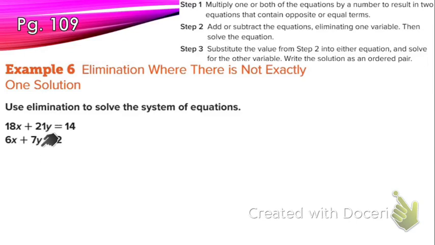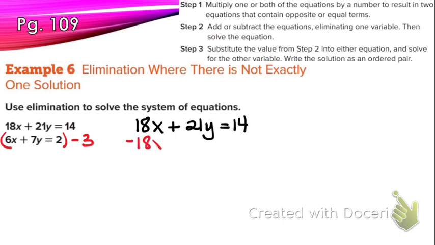So what they're trying to do is get these to become opposite. When you multiply it by -3, the first equation stayed the same, and the second equation, we multiplied it. And look at what happens. What we're trying to do is eliminate one variable, but for this one, they both eliminated.